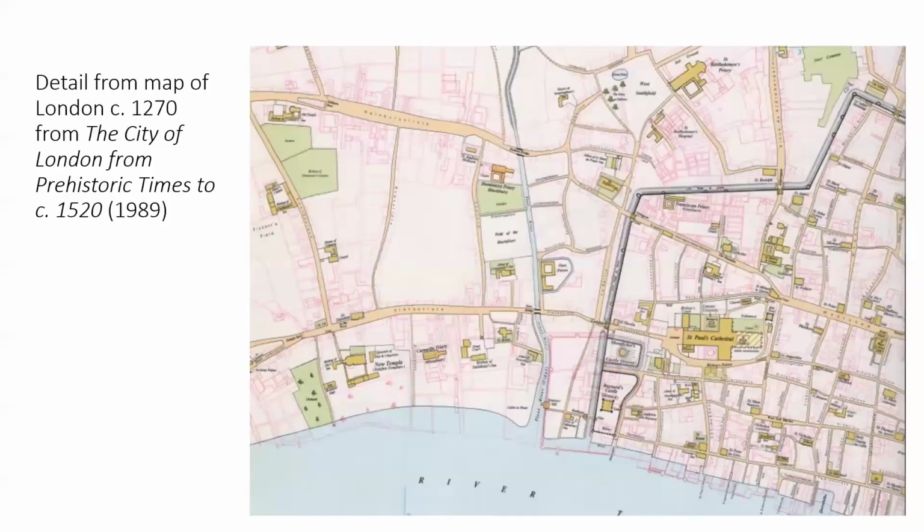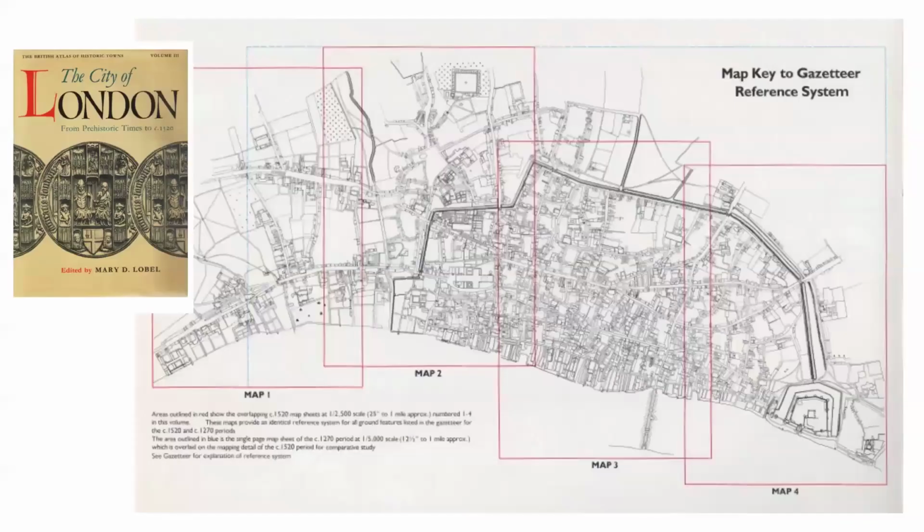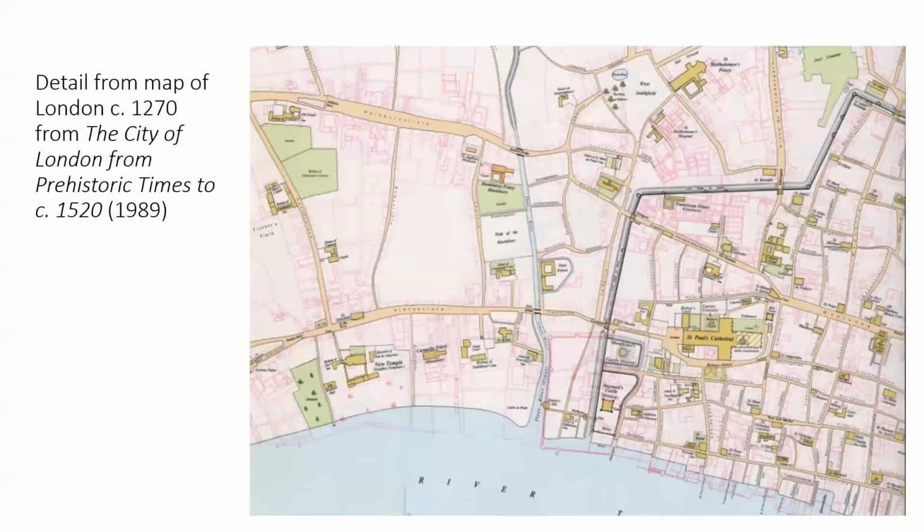In the same volume, the map of London circa 1270 was a rather different animal. It wasn't a wholesale reconstruction as the map of 1520 had been, so you could say it was somewhat secondary rather than primary.